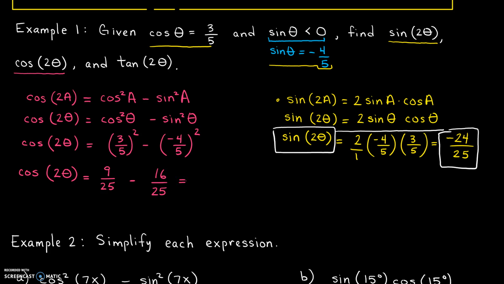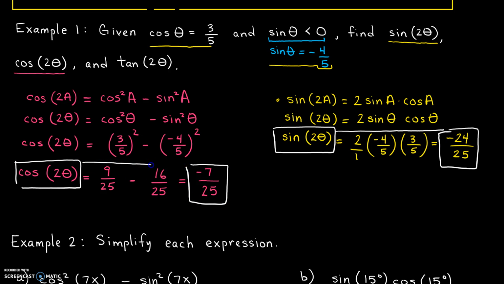So to do the fractions, all we have to do is just do the numerators. So we're going to have 9 minus 16 in the numerator. That gives us negative 7. And then for the denominator, we're just going to stay at 25. And so we figured out what cosine of 2 theta equals. We're just going to say that's negative 7 over 25.